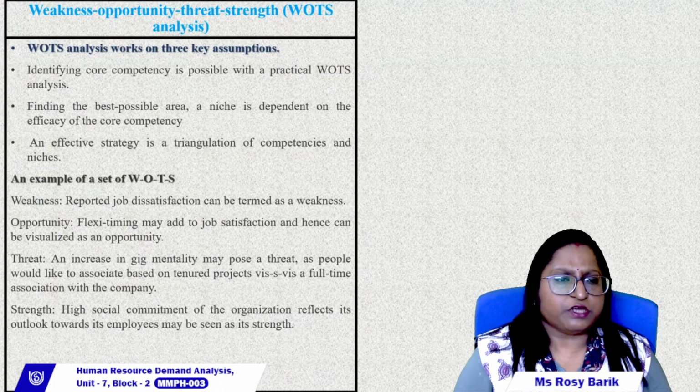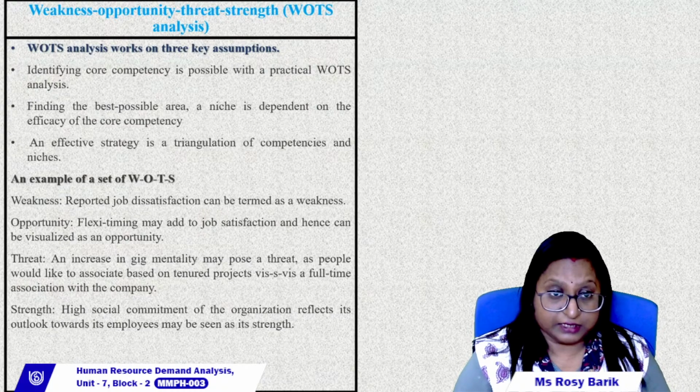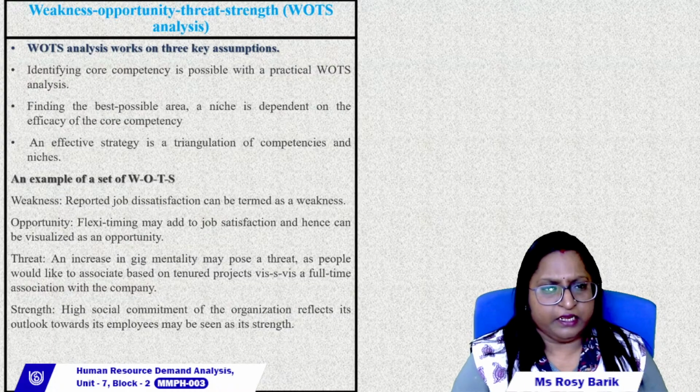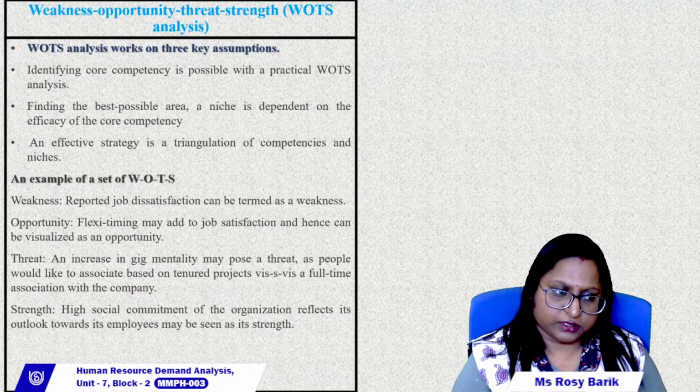So, examples of SWOT: for weakness, reported job satisfaction can be termed as a weakness. Opportunity: flexi timing may add to job satisfaction and hence can be visualized as an opportunity.